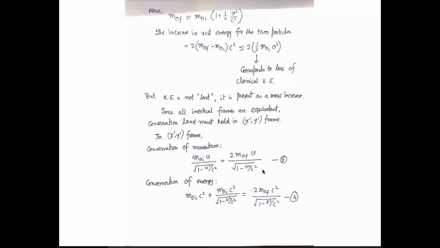So the total energy of the entire entity is 2 m naught f c square. So, sorry, 2 mf c square. So that's written in terms of the rest mass. Is it clear before I move ahead? Yes, sir.